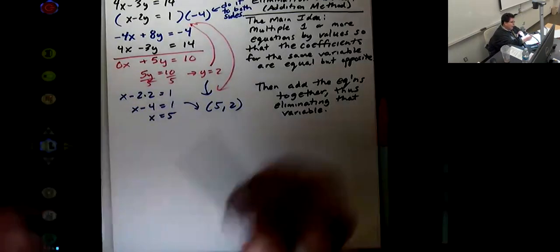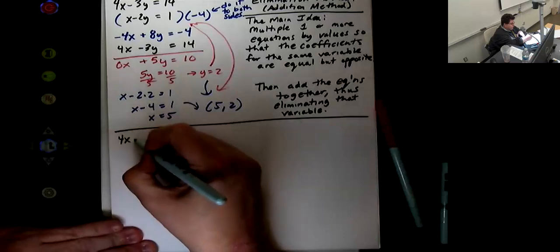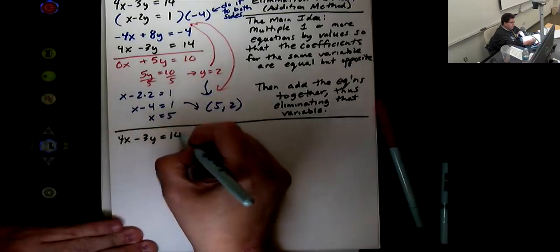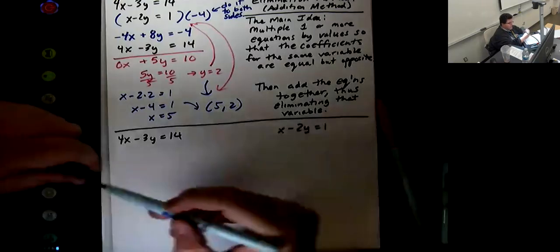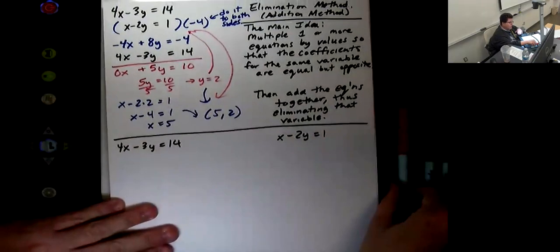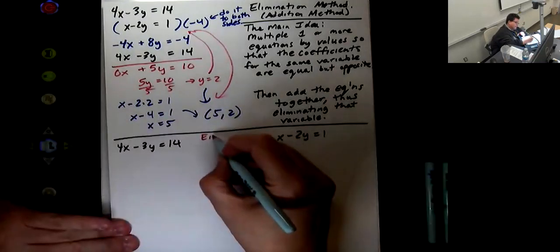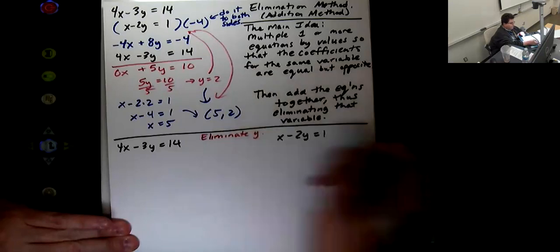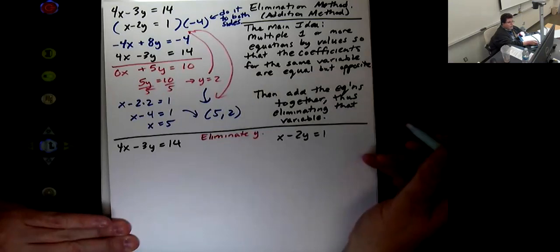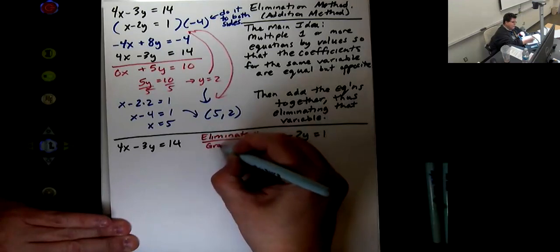I'm going to eliminate y now instead. Let's go with eliminate y. The easiest way to do this is grab the other coefficient.